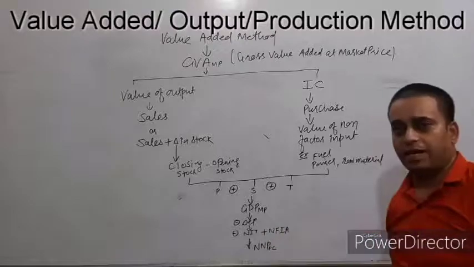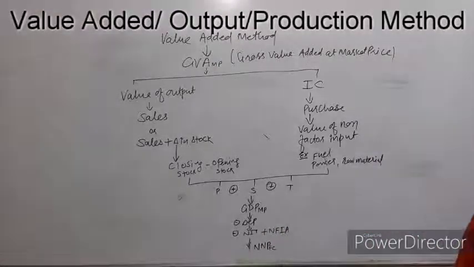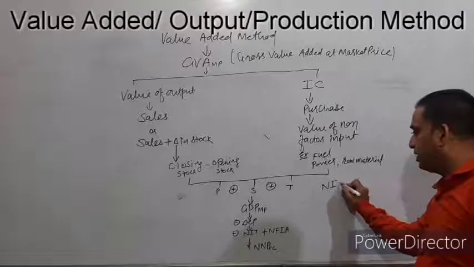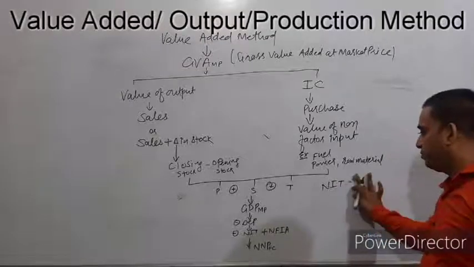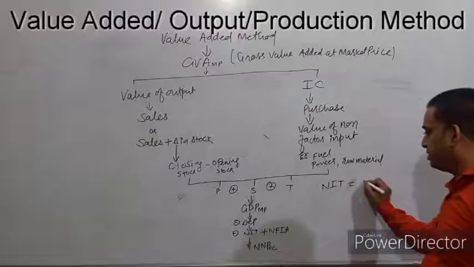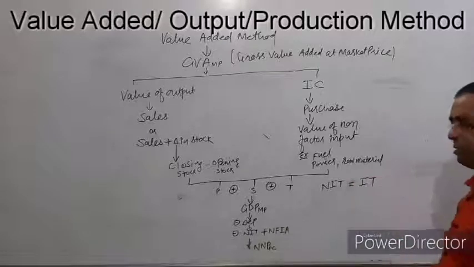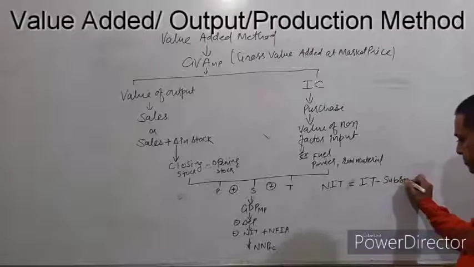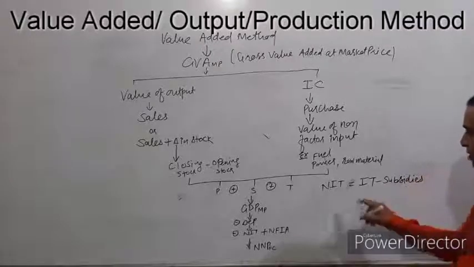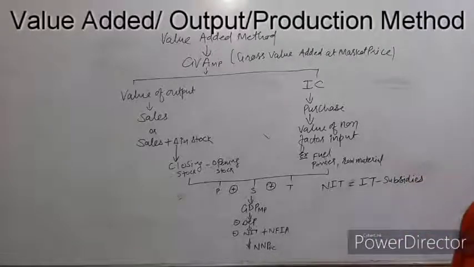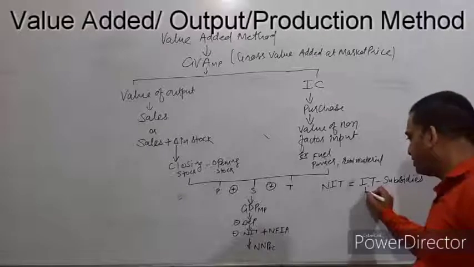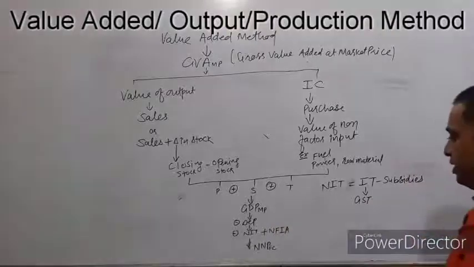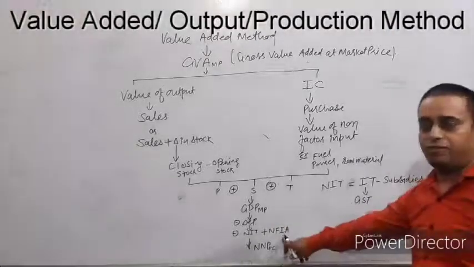Here is NIT, net indirect tax. What is the meaning of this one? It means indirect tax minus subsidies. Indirect tax at present we know very well, GST. Next one is NFIA.